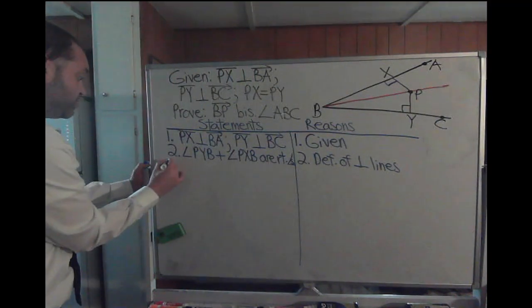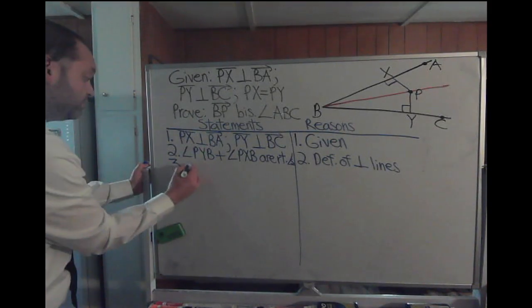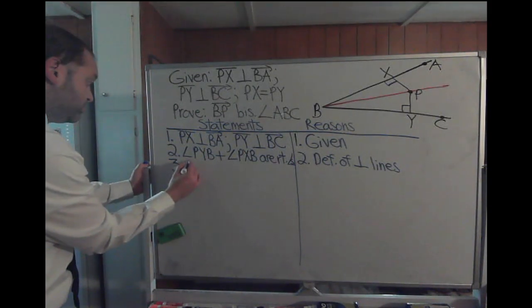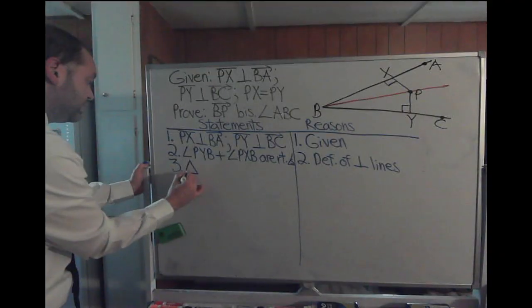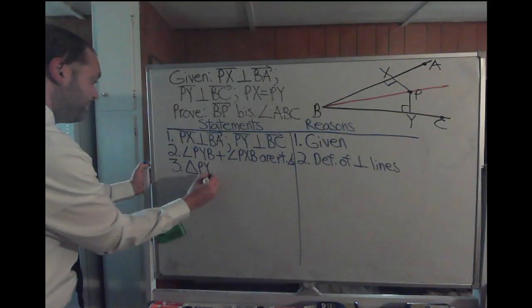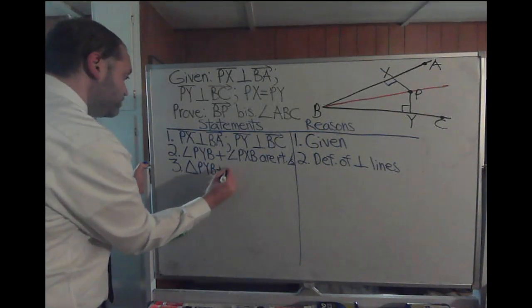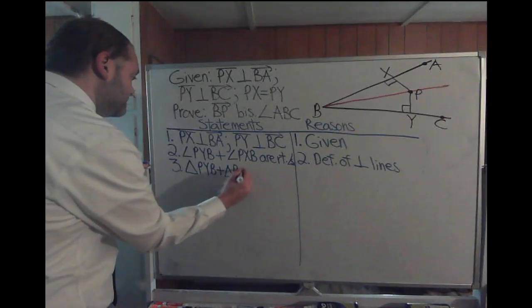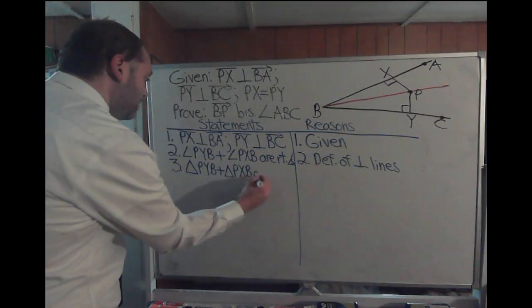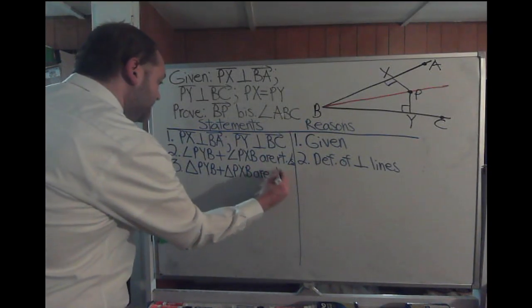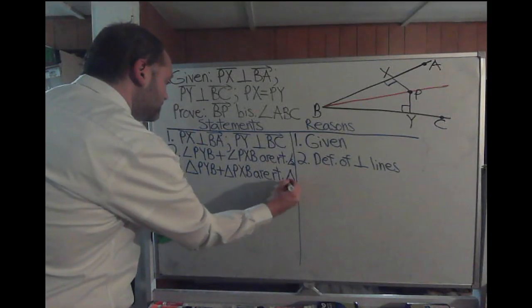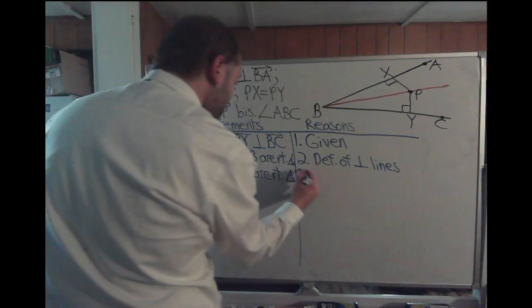Okay, which then means, since we have right angles, that triangle PYB and triangle PXB are right triangles by the definition of a right triangle.